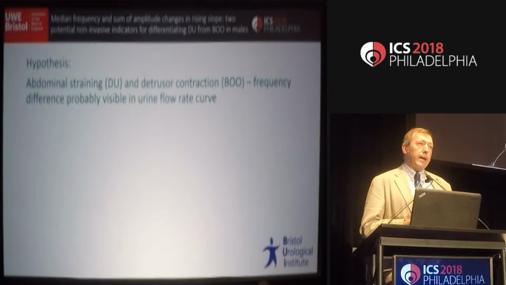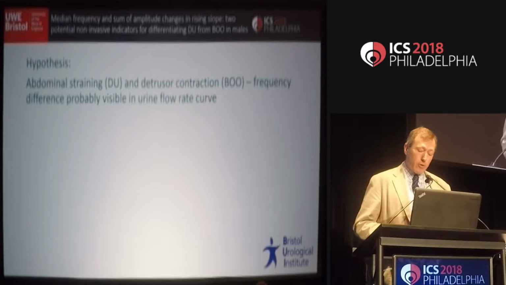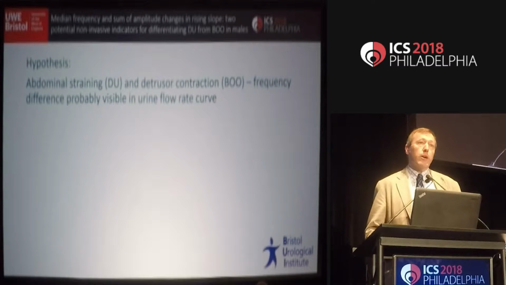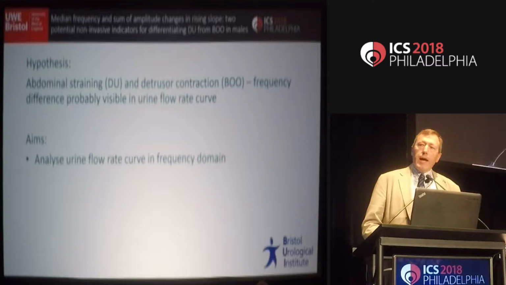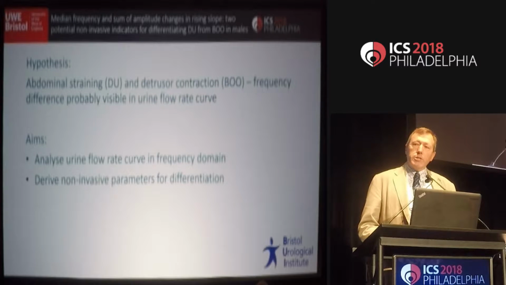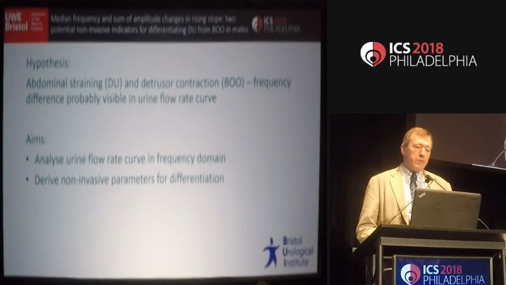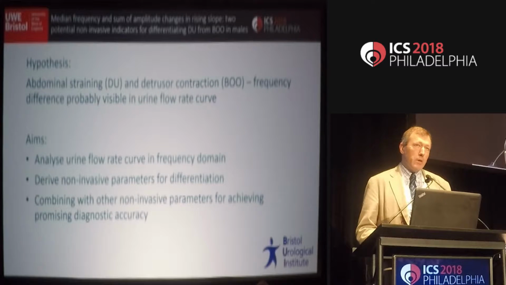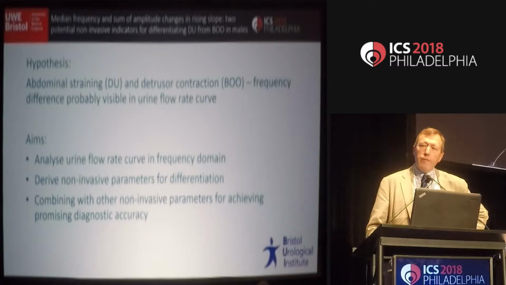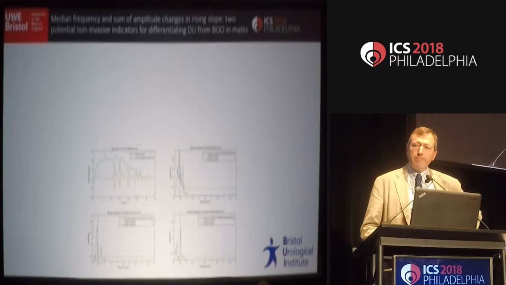So we might expect that a frequency component of the underactive bladder would decrease through the flow. So that's why we're looking at free flows to examine the frequency content. By looking at the frequency domain, we're hoping to derive some non-invasive parameters to differentiate between the groups. We also have other parameters that you'll see in the other presentations, which I'll briefly mention, about combining.